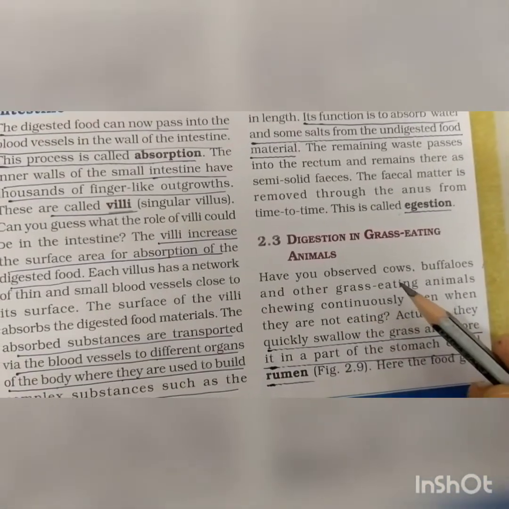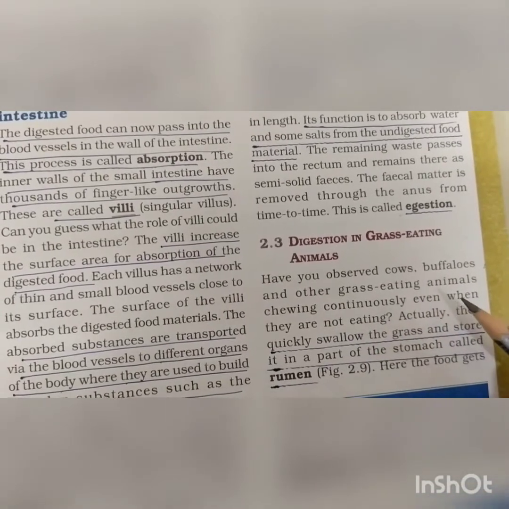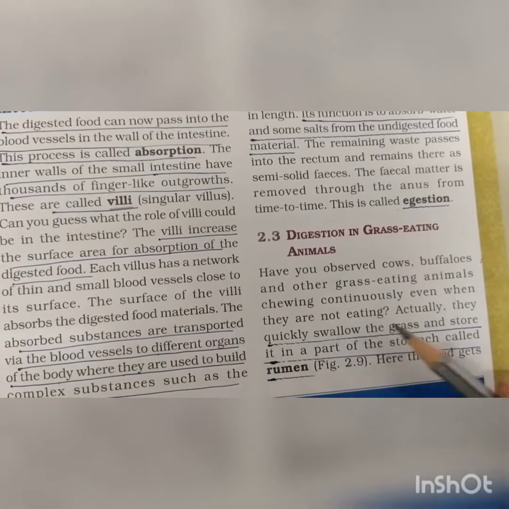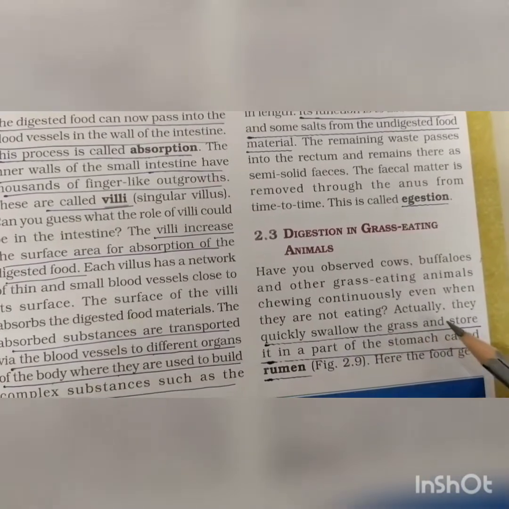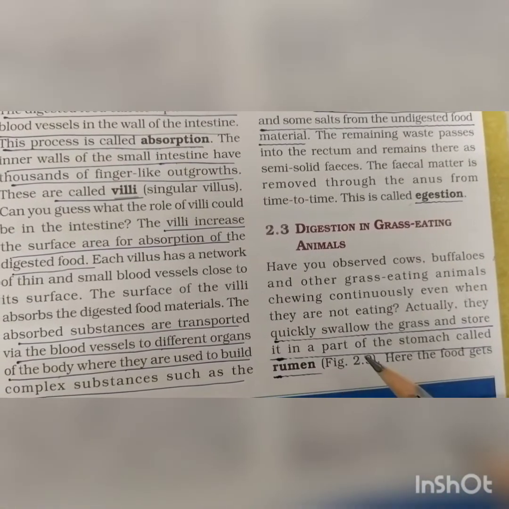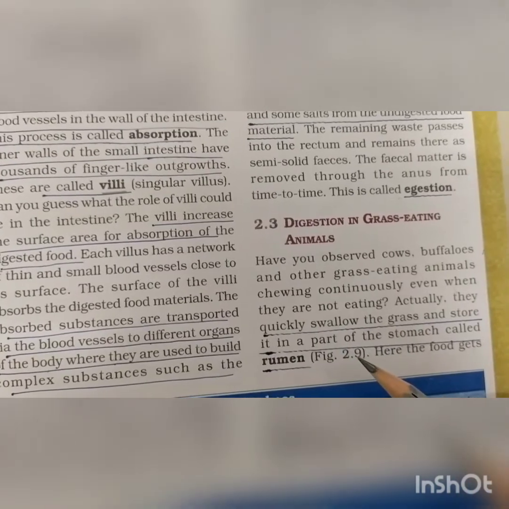Have you observed cows, buffaloes and other grass-eating animals chewing continuously even when they are not eating? Actually, they quickly swallow the grass and store it in a part of the stomach. It is called rumen.